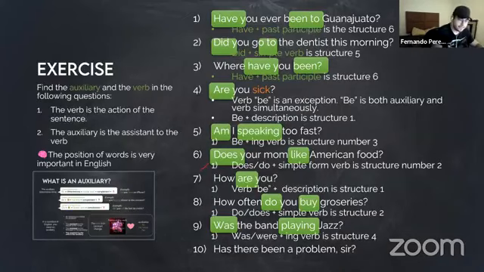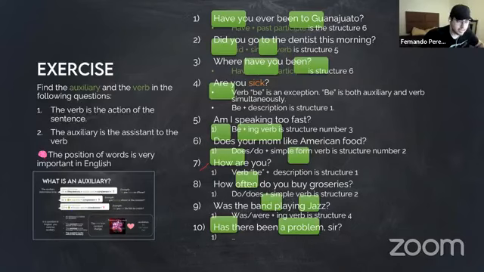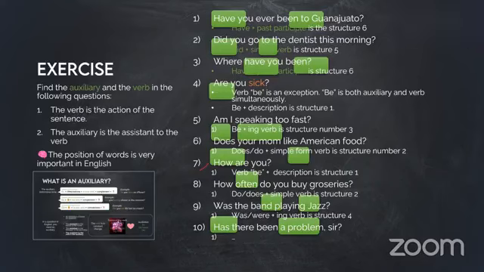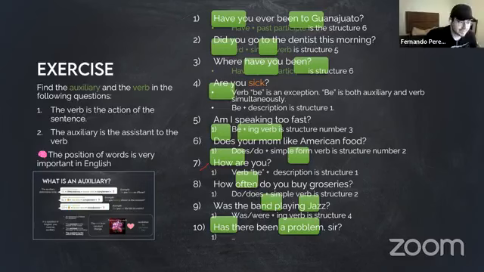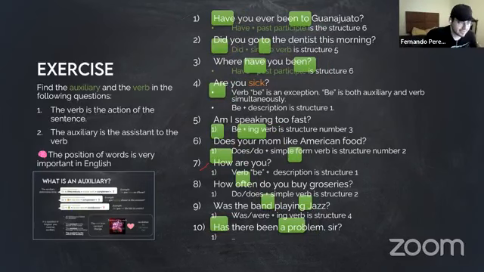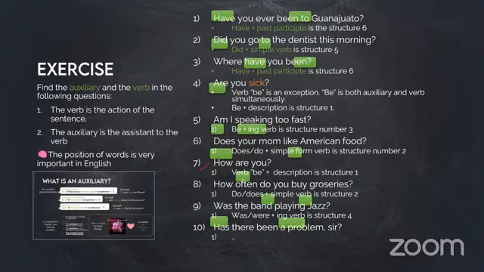The last one. Tell me auxiliary and verb. The 10th question is according to the structure set six. Nice. Which is the verb and auxiliary? The verb is been.